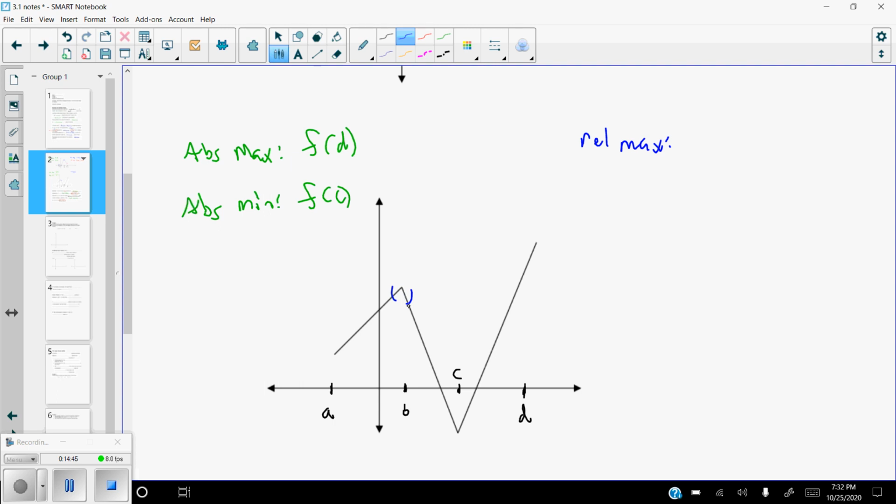So f of b will be a relative max. And I do not see that we have another one. Also at C, it looks like I can create a relative minimum. So f of c will be our relative minimum value. And again, in this case, the relative minimum and the absolute minimum were the same.